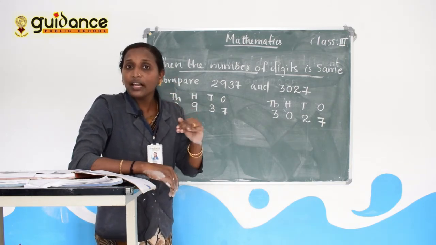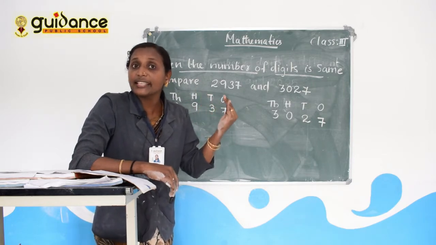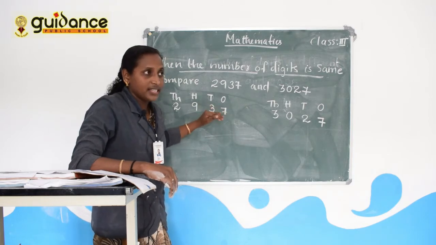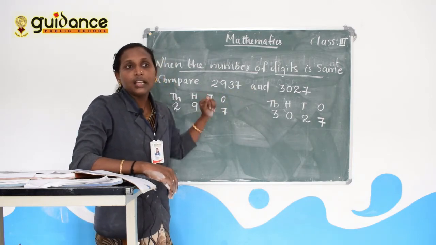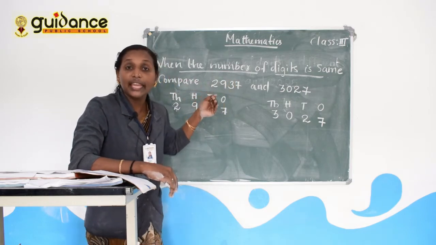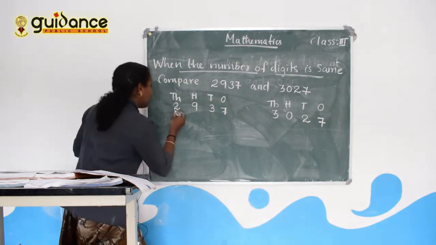We compare each digit starting from the extreme left. We check that both have the same number of digits. If so, we look at the extreme left digit. What is the extreme left digit?